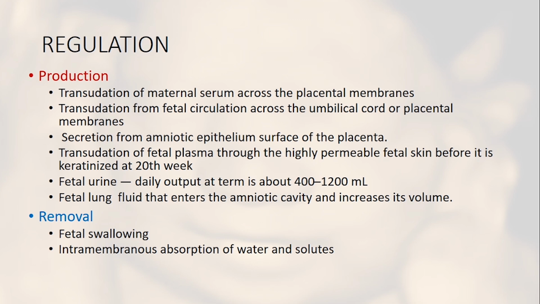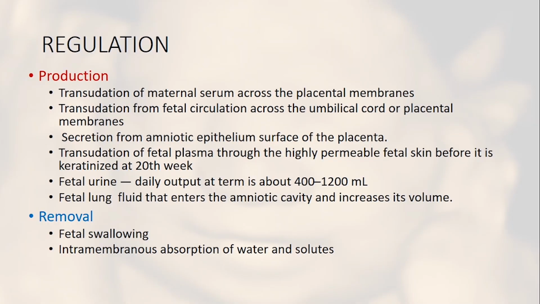But more importantly, like I said earlier, it is produced from fetal urine and also the fetal lung, and usually removed or recycled by fetal swallowing and then intramembranous absorption of water and solutes. So if there's a problem with production of urine, or there's a problem with the fetal swallowing mechanism, then this will lead to problems with the amniotic fluid.